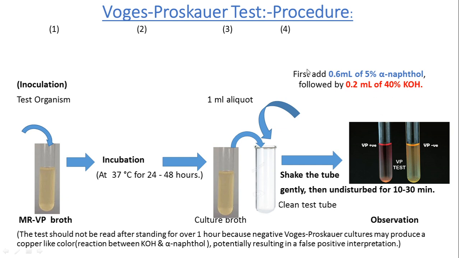Remember to maintain the order so that it can intensify the color, and then shake the tube gently, exposing it to the atmospheric air so that atmospheric oxygen can oxidize the acetoin that is produced by the butylene glycol pathway, if the organisms of that kind are present in the test specimen.